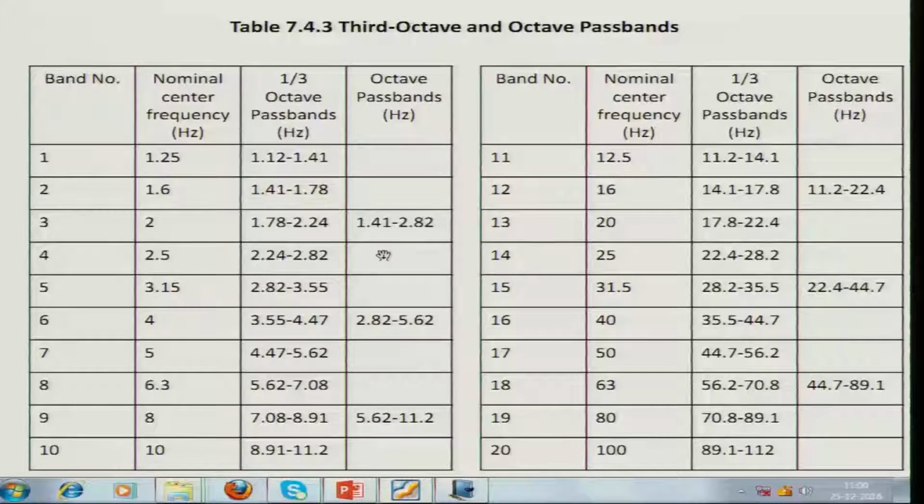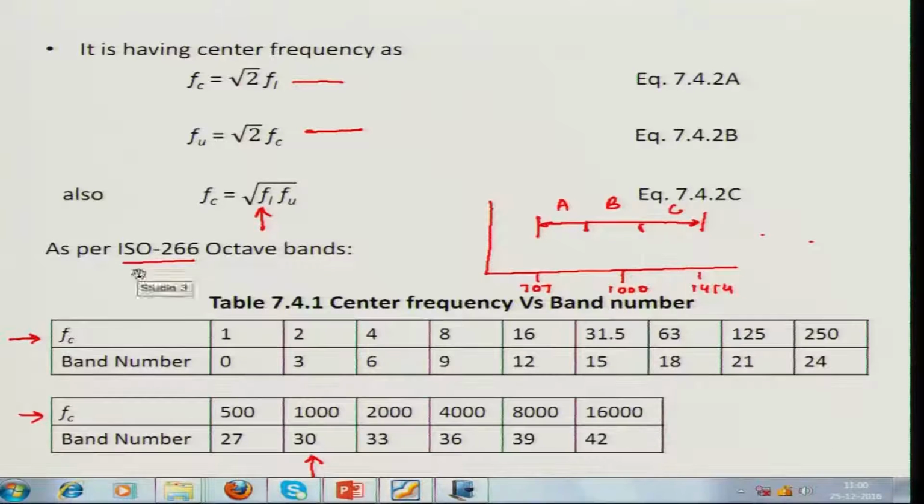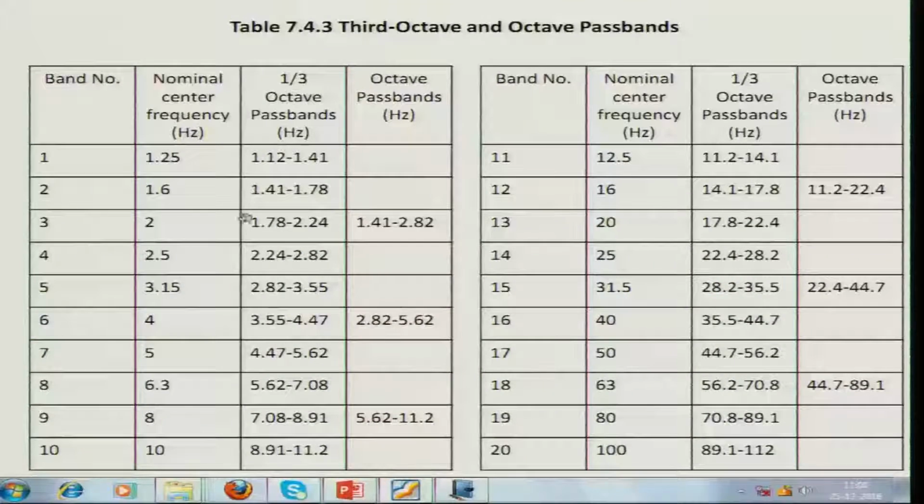The point is that our standard octave bands correspond to central frequency 1, or band numbers 0, 3, 6, 9, 12 and so on, and you get the same thing here. This is one industry octave band where the central frequency is 2, 4, 8, 16, and here you make an approximation, 30 and so on.